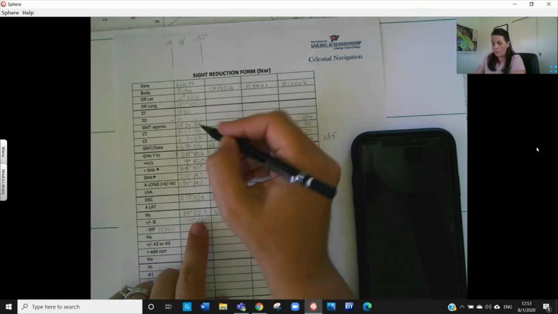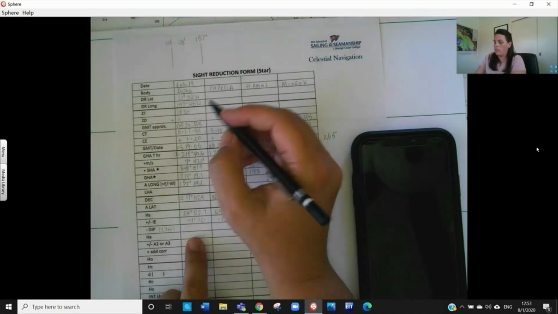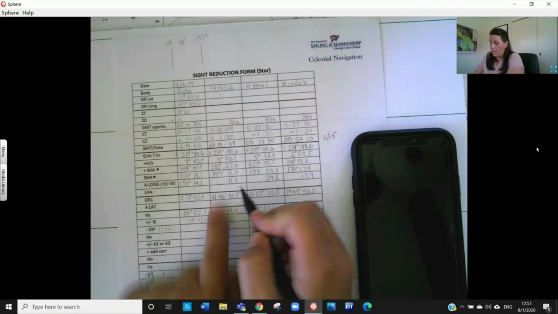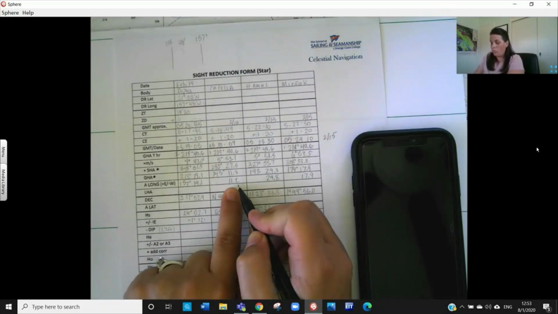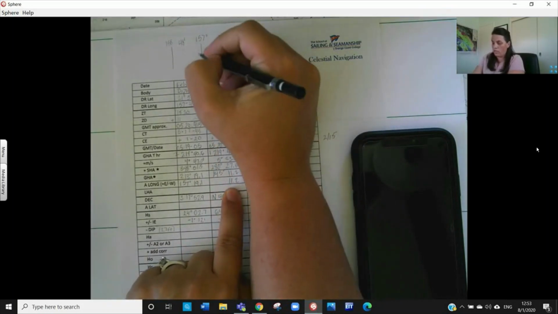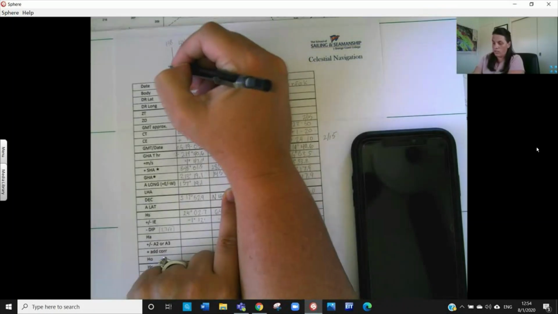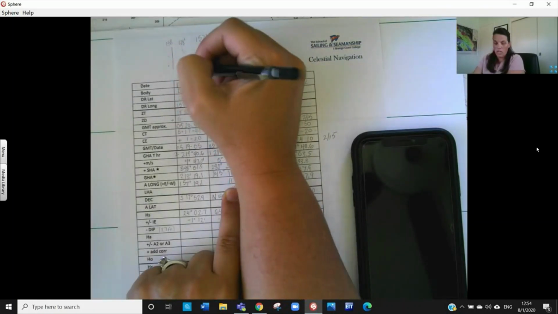Of course, if you go with 158, that's fine. You're just going to have a different intercept, different HC than I do. Not a big deal, you'll still get an LOP. Capella ends in 1-1, so I'm either going to be very close to this one or very close to this one, and this is my DR.